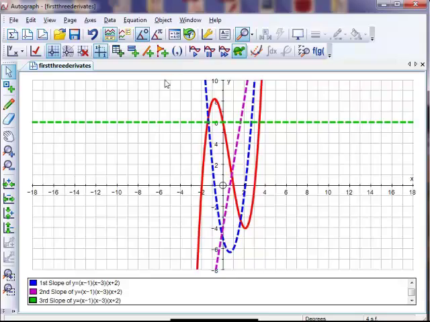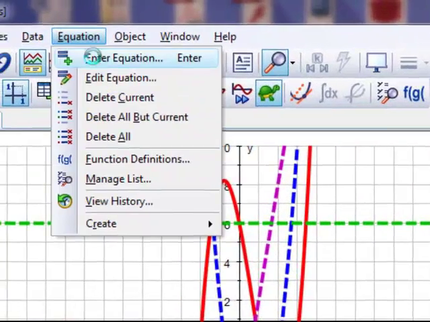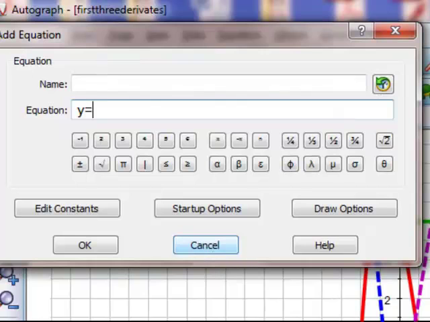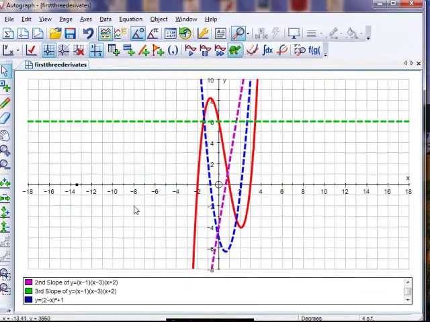So if I go to equation, or just press enter and type in y equals something like 2 minus x cubed, and let's say plus 1 to keep it away from the x-axis, and there we go. If at any time you want to plot it quickly, then you simply click the slope plot. It will do that for you.